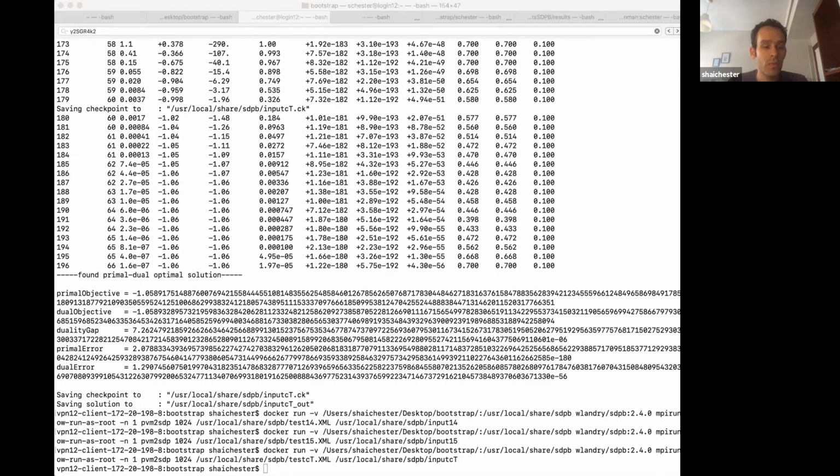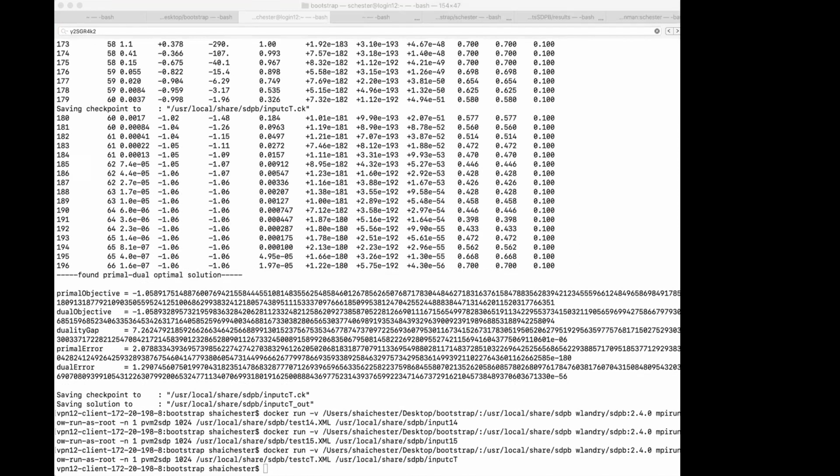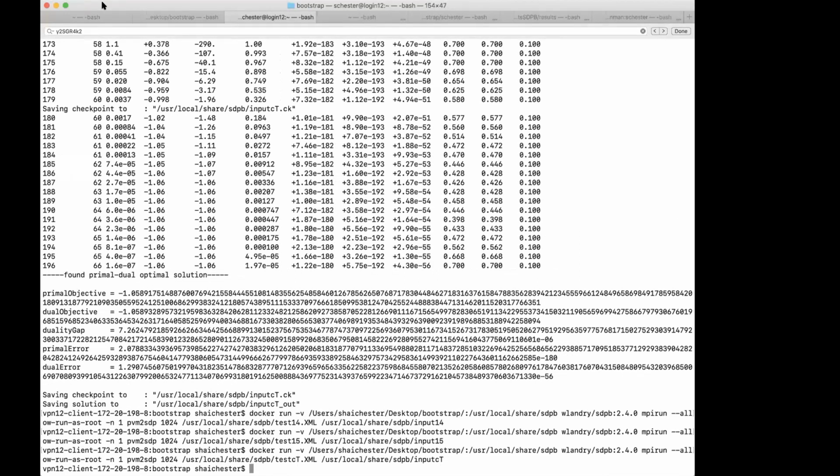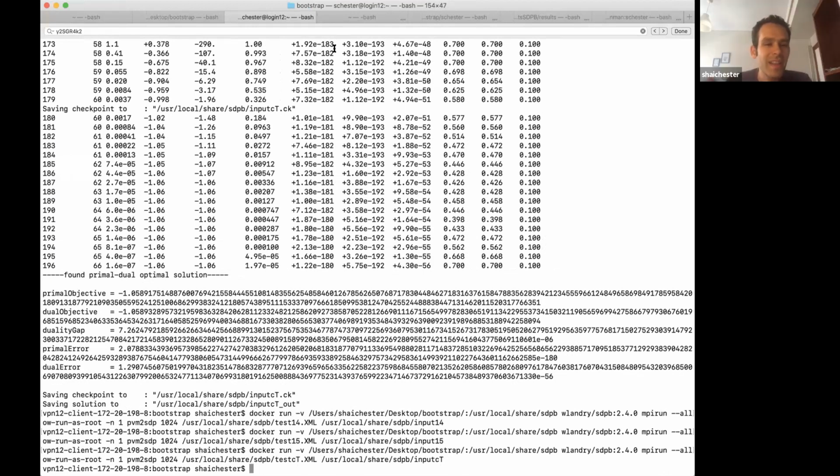In my case, that's what I call Bootstrap. It creates a folder with the exact same name. If you're showing us the Finder, we cannot see it; we can only see the window that you shared. I understand, but I don't think I need to show that. It's just creating a file in my folder which has the name of this input I'm going to put into SDPB. So it's just a file.